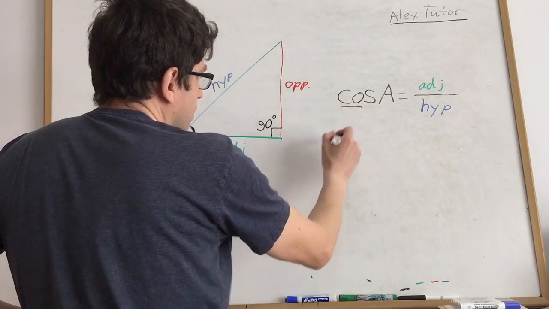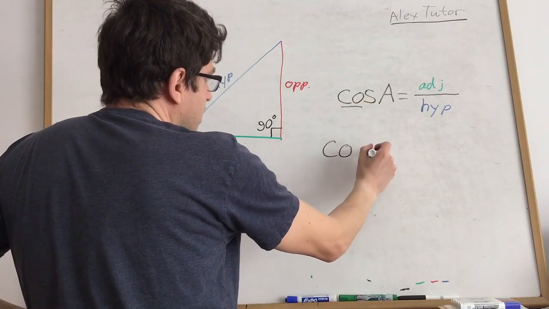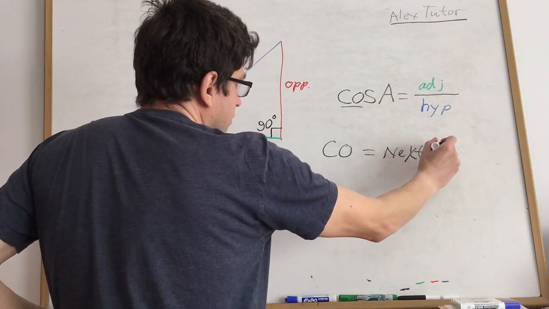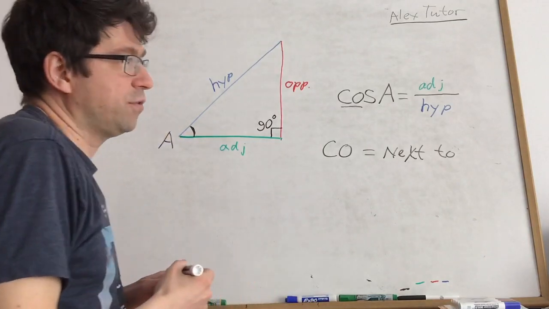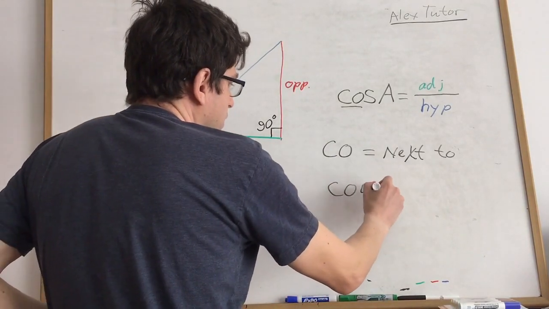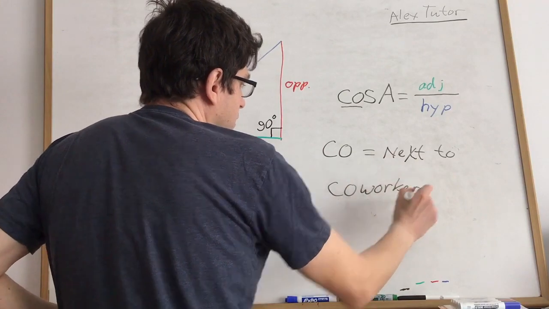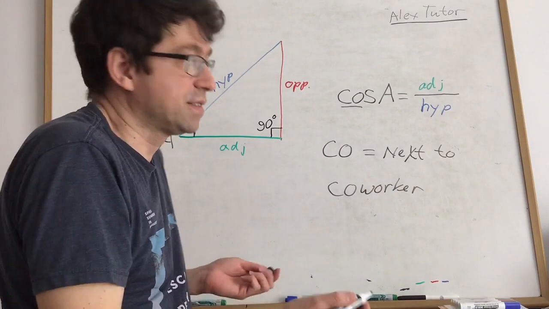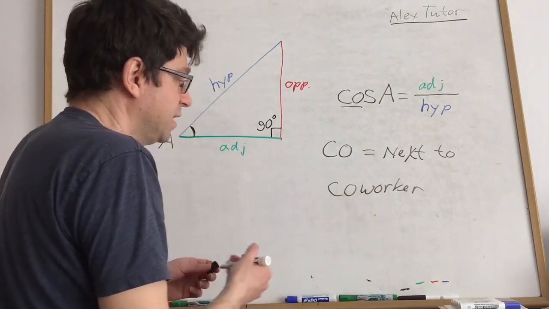This co means next to. Like, for example, co-worker. It means someone who works next to you. So co means next to.